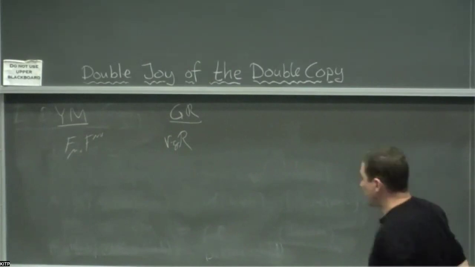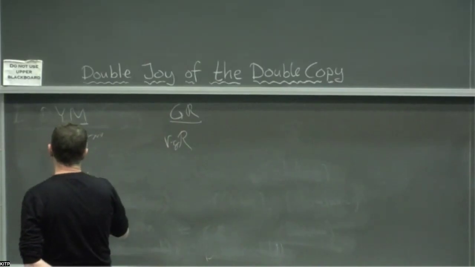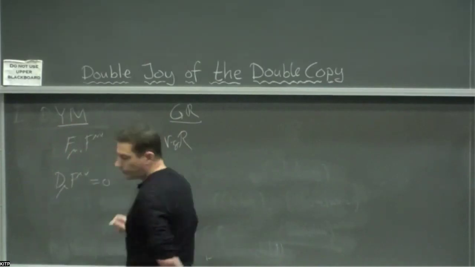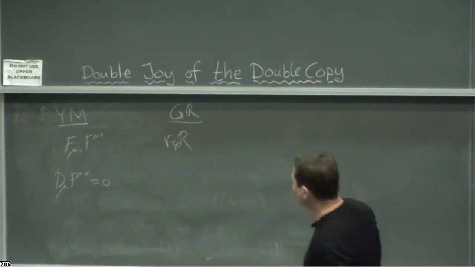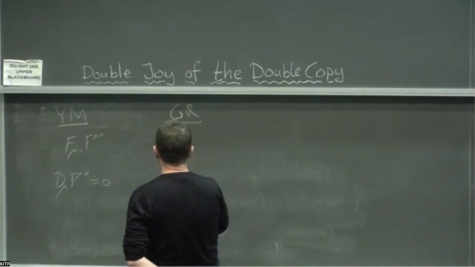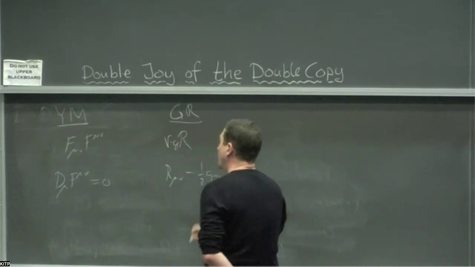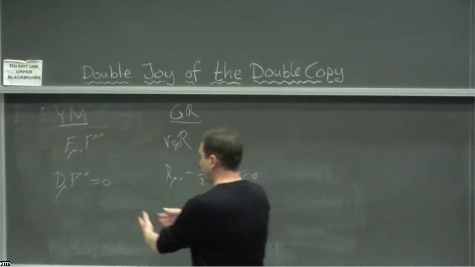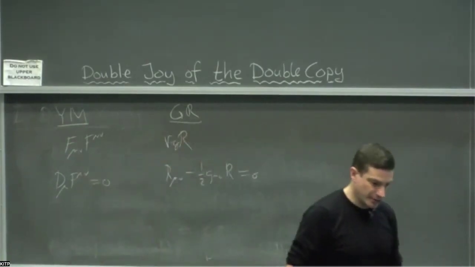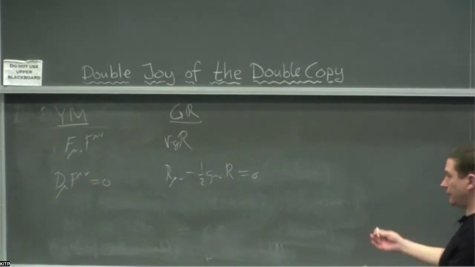You can do a bit better, of course, if you look at the equation of motion. So in the equation of motion without any sources, at least now they're linear in the curvature and the gauge theory curvature. But it's still very different.